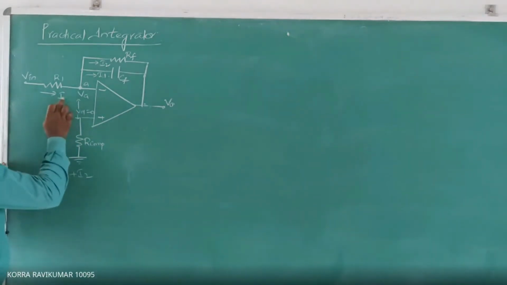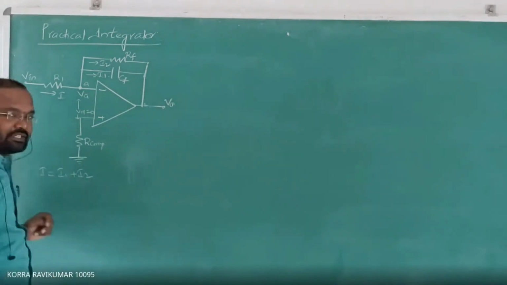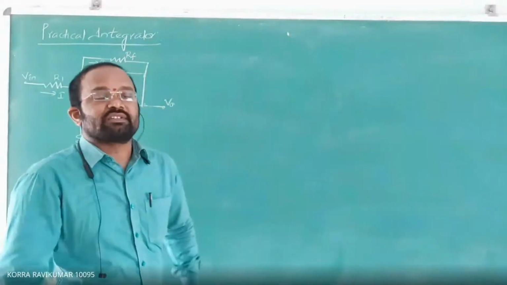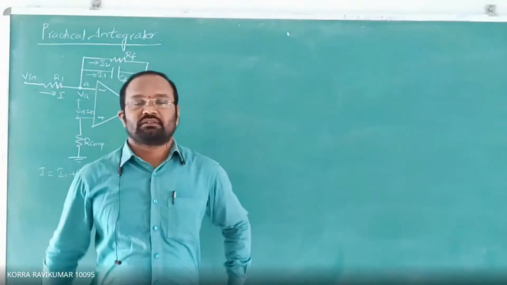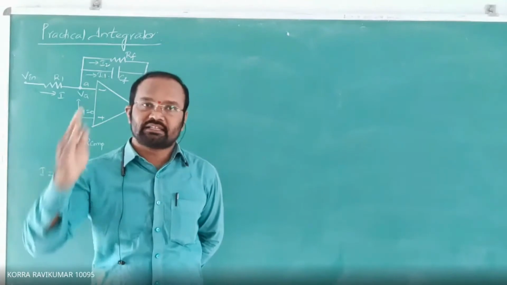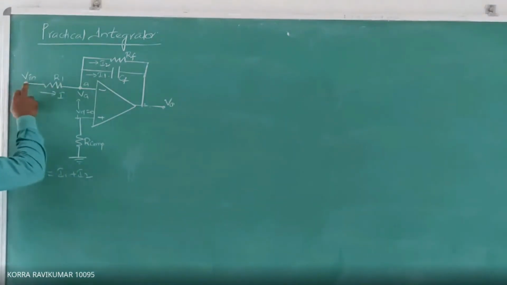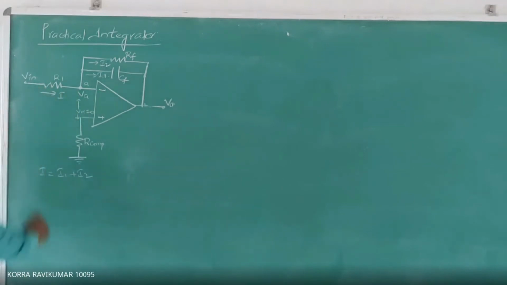Now we need to calculate this current I. According to Ohm's law, the well-known equation, V equals I into R, so I equals voltage by resistance, V by R. See here, R1 is connected between the voltages VIN and VA.